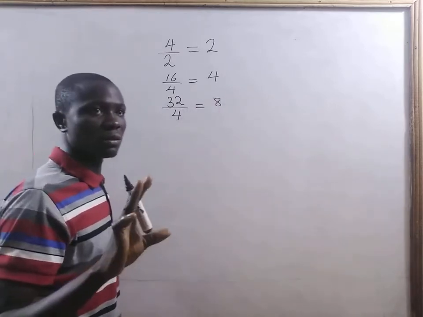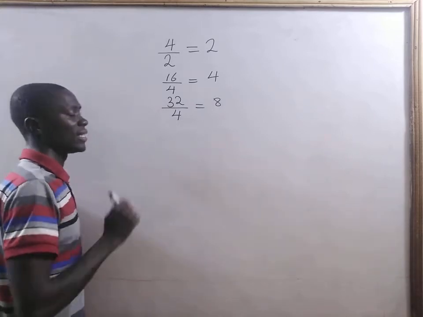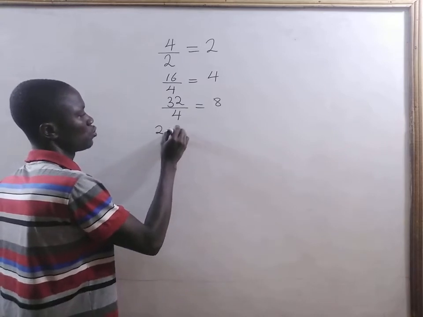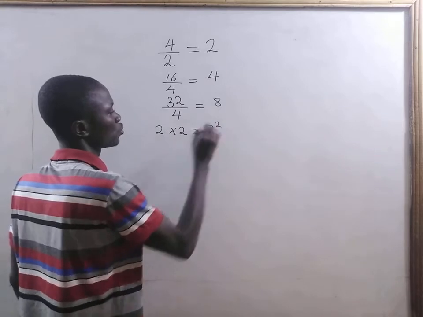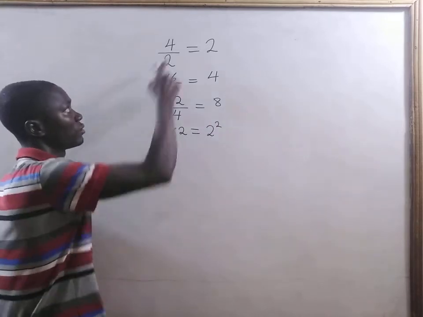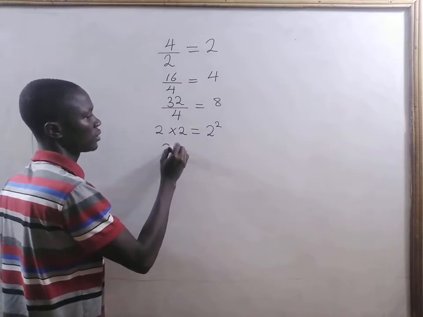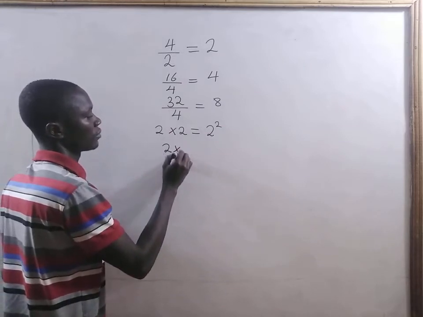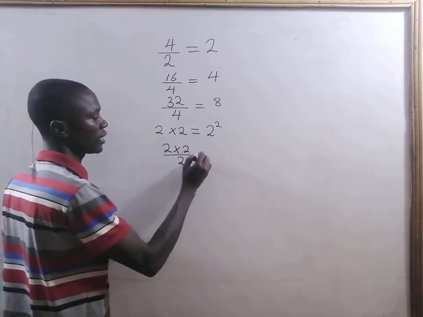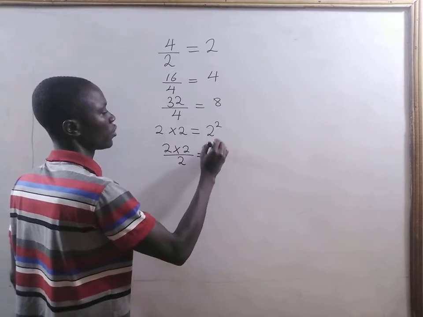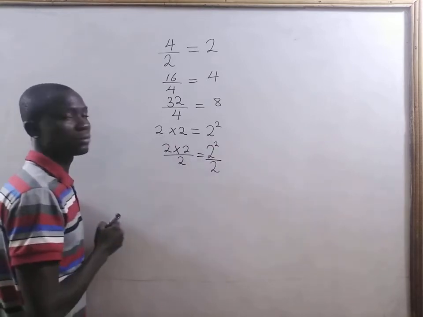Now, from the first law of exponents, we learned that 2 times 2 is equal to 2 squared. So now 4 divided by 2 means that we have 2 times 2 divided by 2, and that we have 2 squared divided by 2.